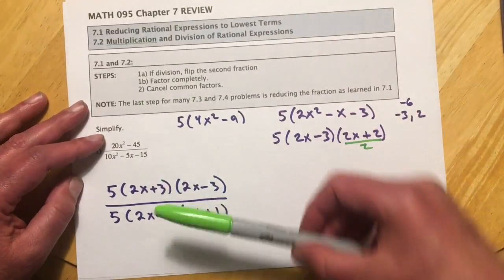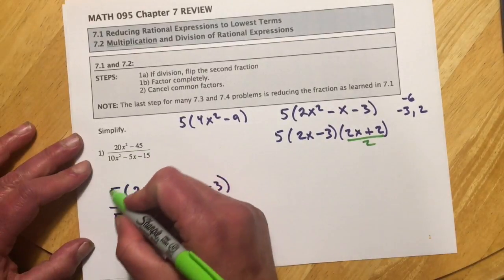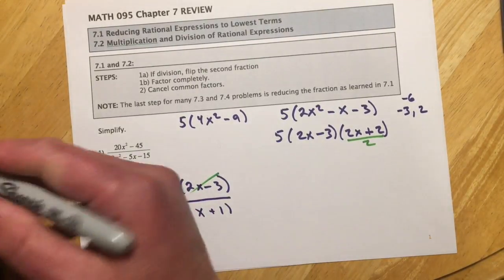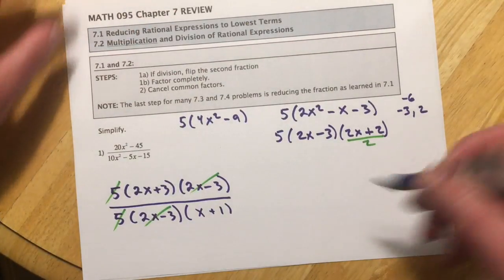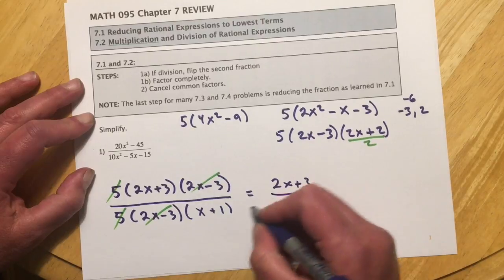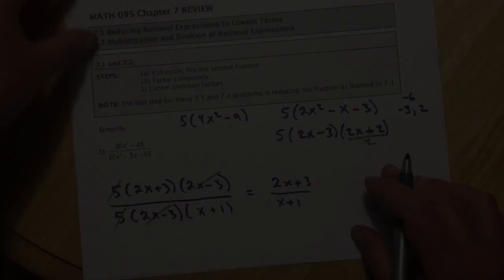Then we look at what we got, and if we have the same thing top and bottom, then we cancel. I've got 5's that can go, and 2x minus 3's that can go. What's left is 2x plus 3 and x plus 1, so that's my answer.